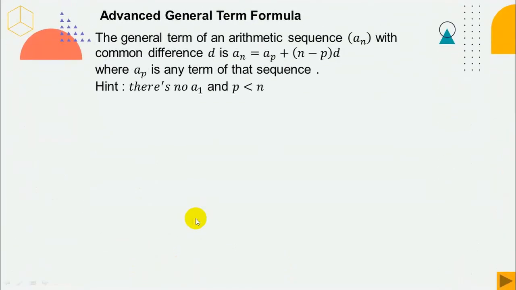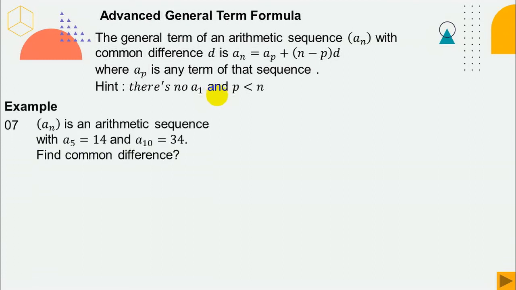So from this question again, you can use this advanced general term if there's no first term, and if p is less than n. Okay, so for example, aₙ is an arithmetic sequence with the 5th term equal to 14 and the 10th term equal to 34. Find the common difference.